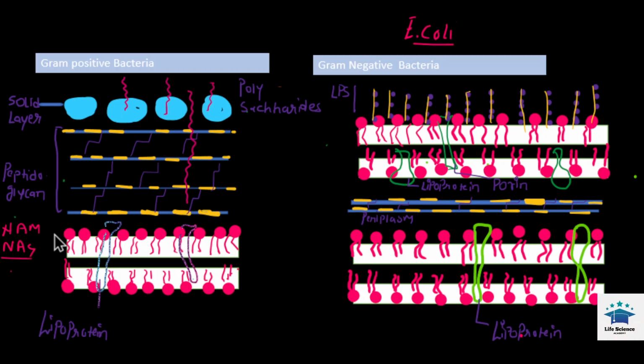In the inner region there is the lipid bilayer, in which we have some lipoproteins. This is the polysaccharide, which attaches either to the solid layer of the gram-positive bacteria or to the peptidoglycan. This is the basic and typical structure of the gram-positive bacteria.